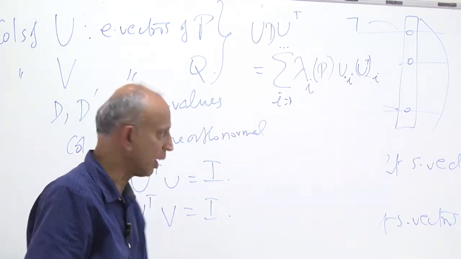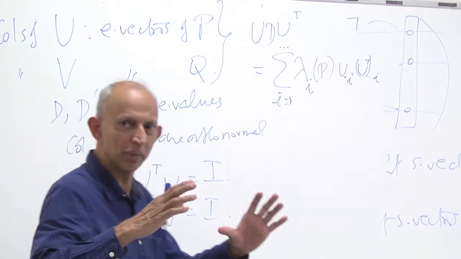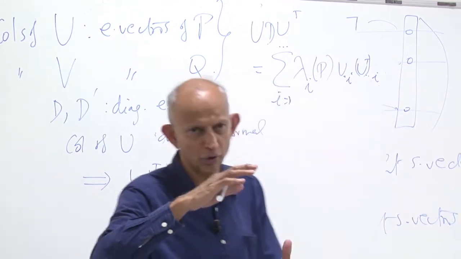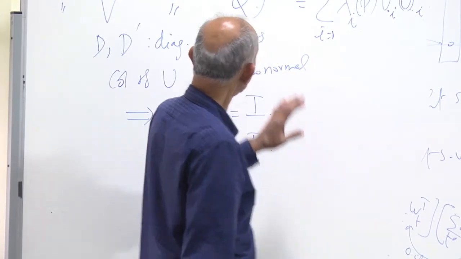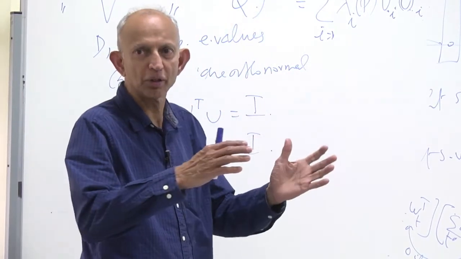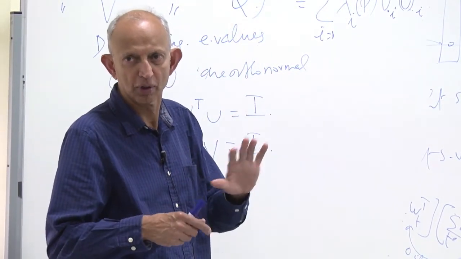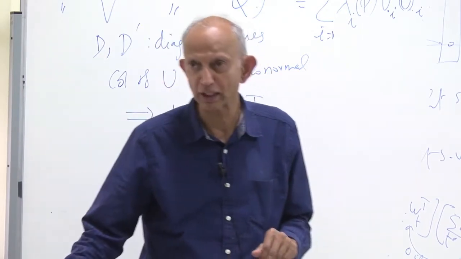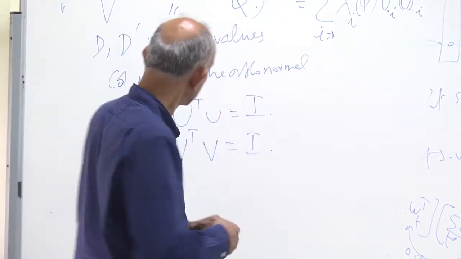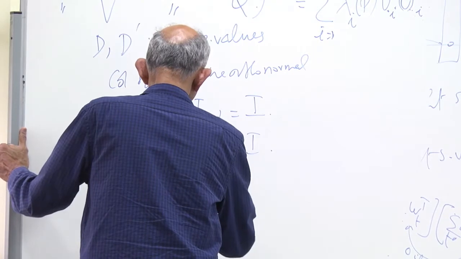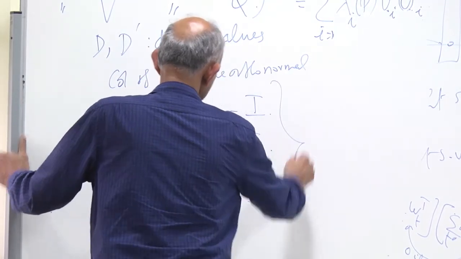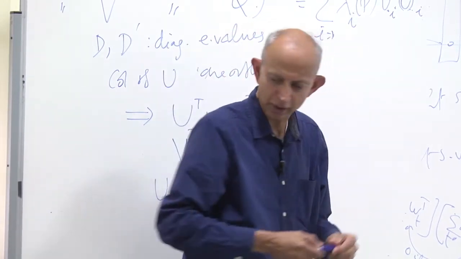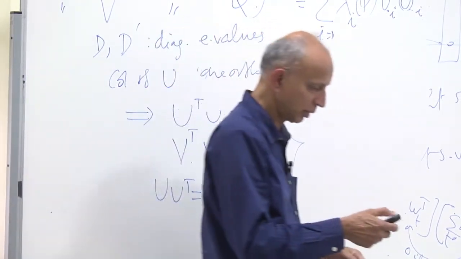Actually, the other way as well, because if you have a full dimensional orthonormal matrix, then the rows are also orthonormal. In n space, if you have n orthonormal columns, the matrix also has orthonormal rows. Not true if it's less than n, but if it's n, that's true. So in fact, U U transpose equals V V transpose equals I. A bunch of linear algebra we'll recap, and we'll use that.